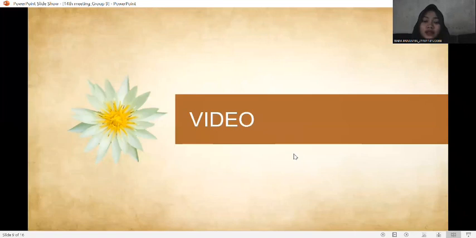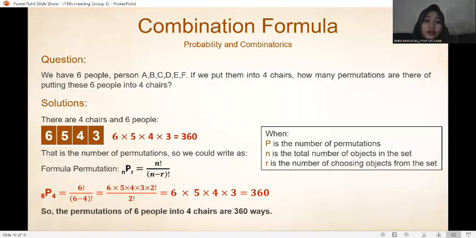Okay, next material is video. Combination formula, probability, and combinatorics. The question is, we have six people, person A, B, C, D, E, F. If we put them into four chairs, how many permutations are there of putting these six people into four chairs?